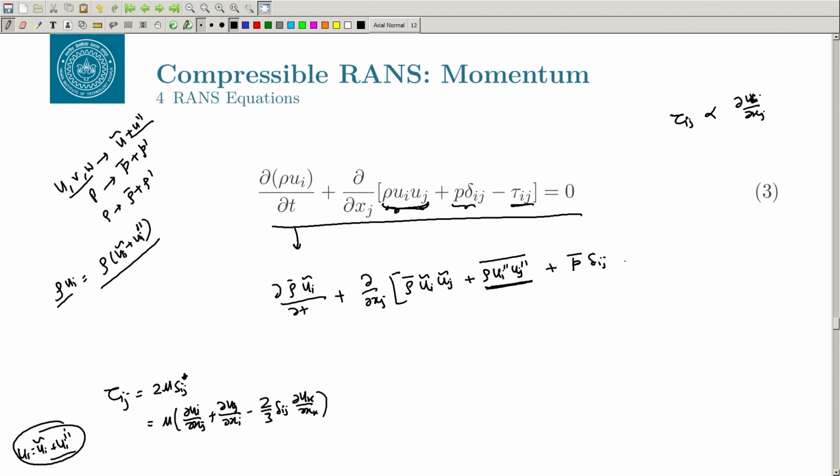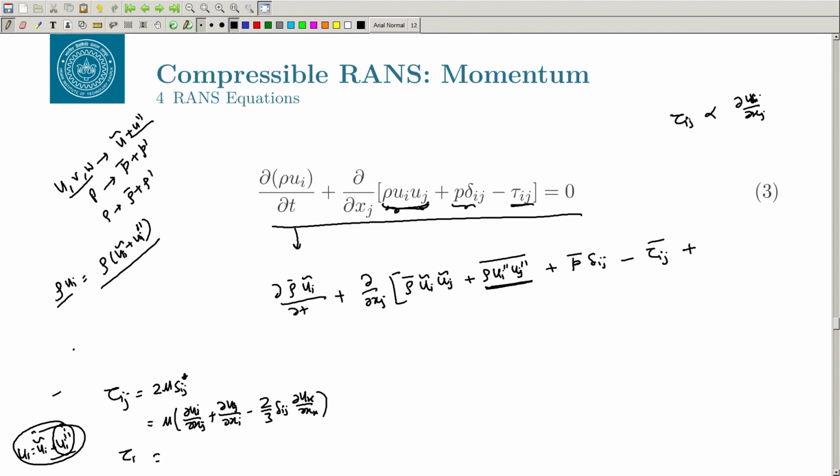So you can write it as minus tau_ij bar, plus another term which comes because we are taking this u_i double prime average.